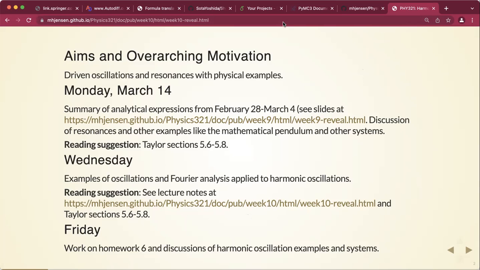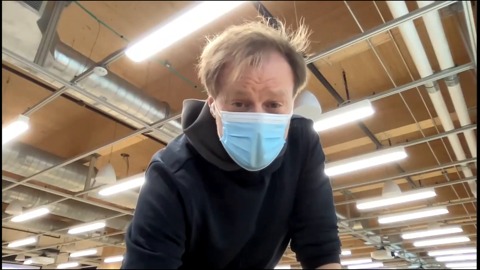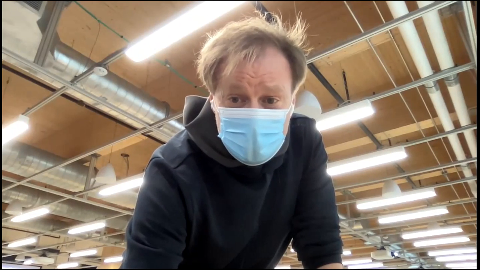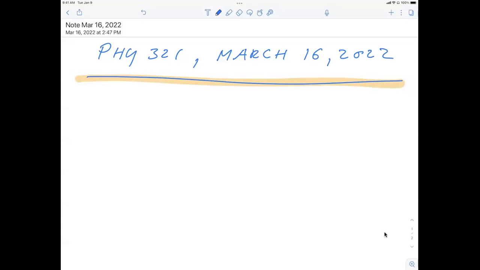So let me just stop sharing here. On Monday, we looked at the differential equation for harmonic oscillations. So let me just bring it back again. So we have this famous equation now. We have the acceleration here.